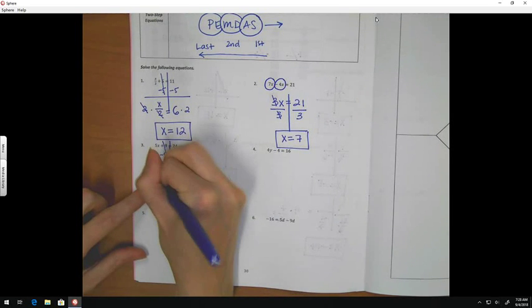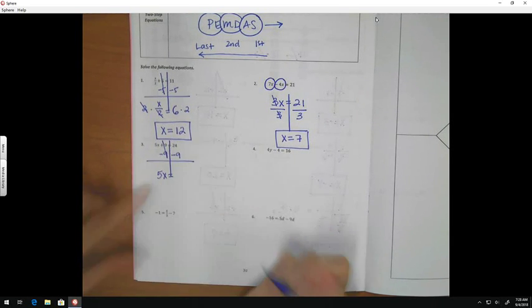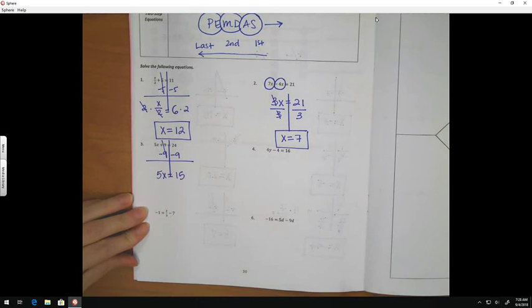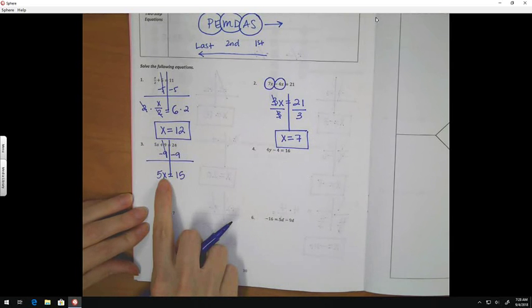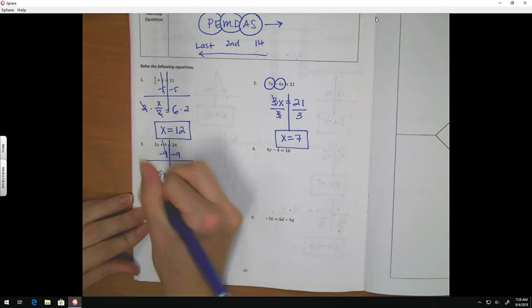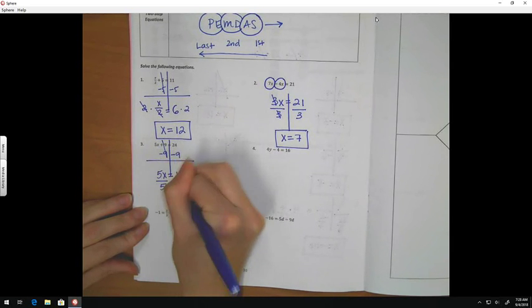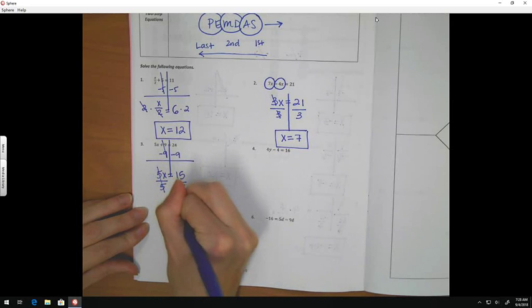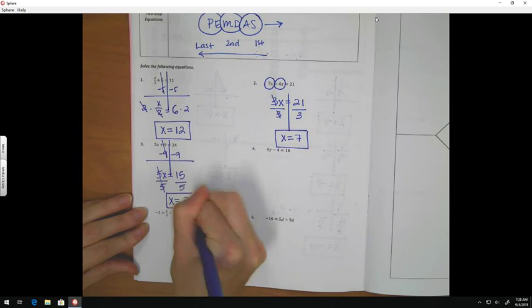And then we have 5x equals 24 minus 9, which is 15. Now we're going to undo the multiplying by 5 by dividing by 5. The undoings cancel, and there you go. x is 15 divided by 5, which is 3.